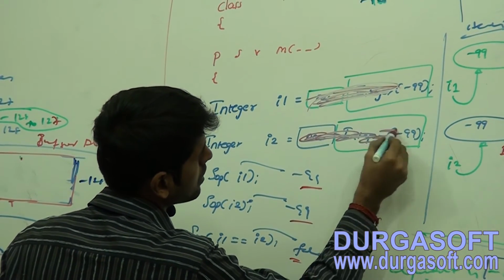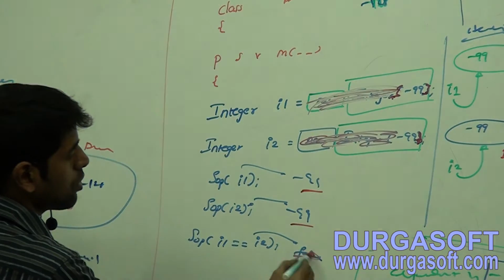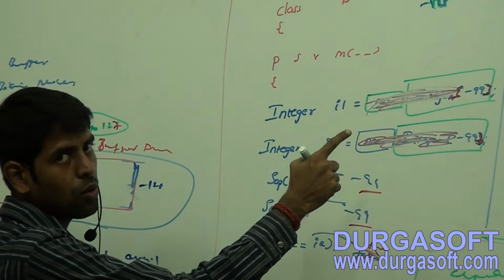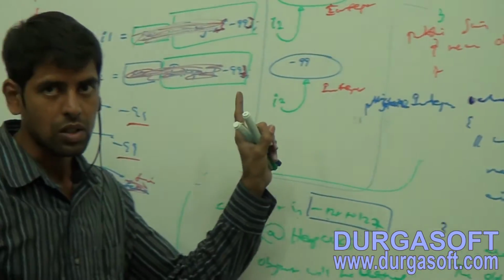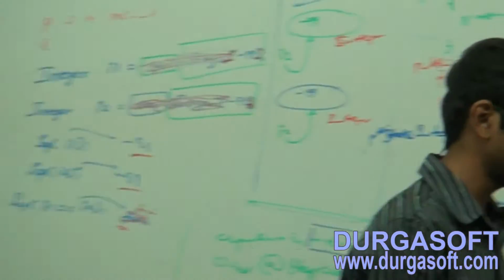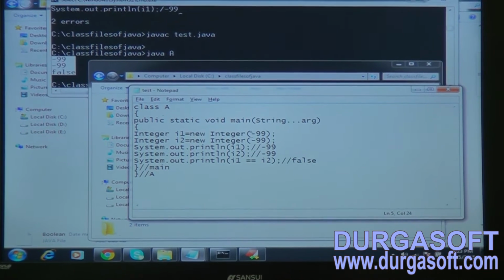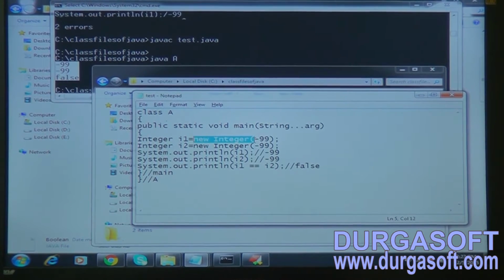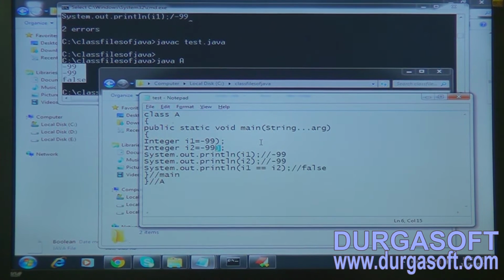Now if I replace this one with just minus 99, without this code, now the answer will be what? True, because of auto boxing, the valueOf method will be executing. We have seen that example earlier. Observe here. If I take away this new Integer and all of these things, now the output will be what?